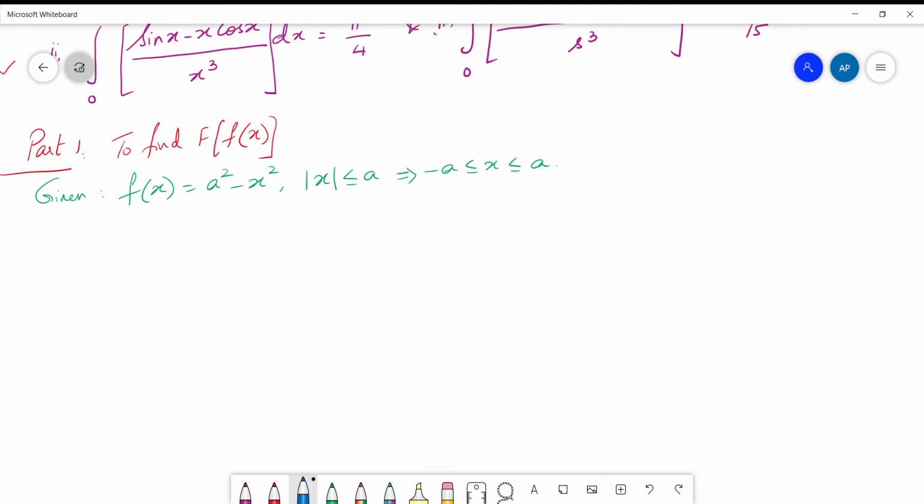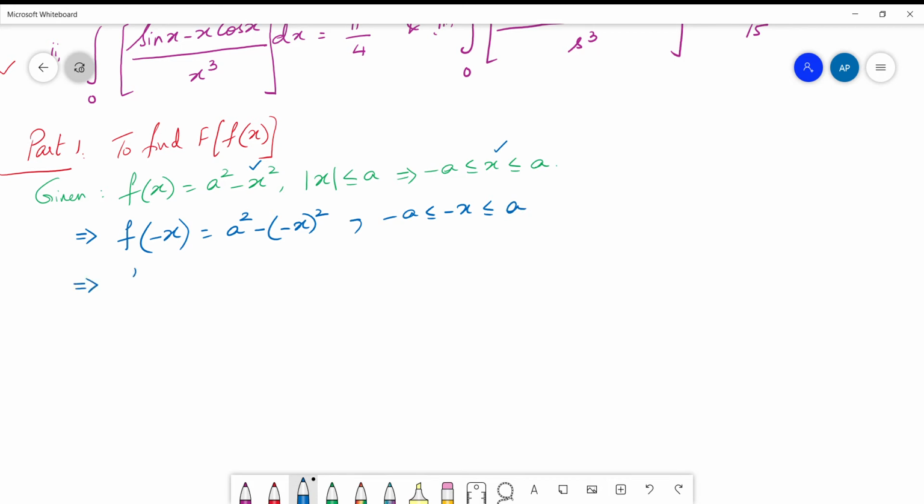Now our aim is to find the nature of f of x. So I'm sure you guess that you have to replace x by minus x. So where all do you have an x? Here you have, here you have. So I'll write it as a square minus minus x whole square in the interval minus a less than or equal to minus x less than or equal to a. Right? We have replaced x by minus x.